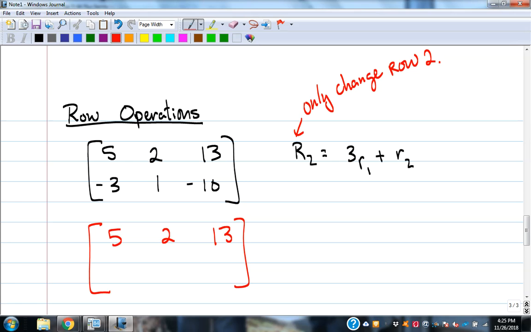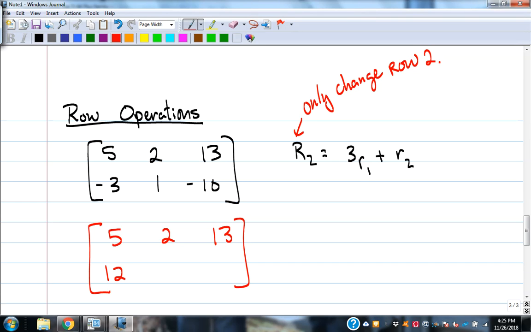So this is going to say take 3 times row 1 and then add that value to row 2. So 3 times 5 is 15. Then add that to -3. So 15 plus -3 would be 12. So that's the new value for the first spot in row 2.